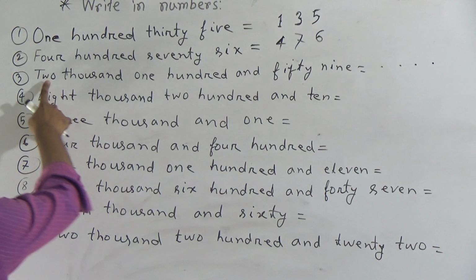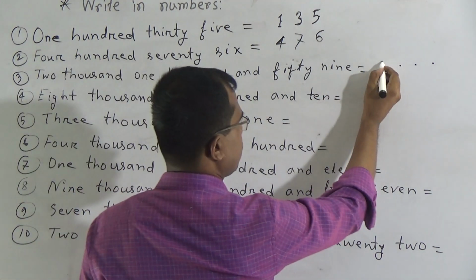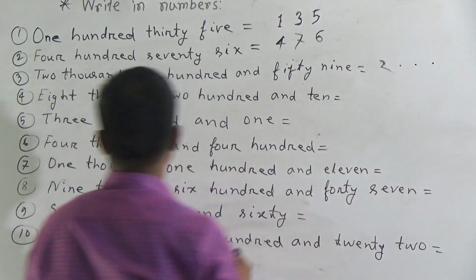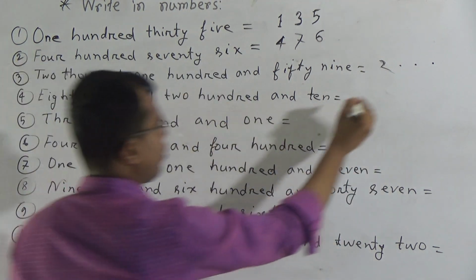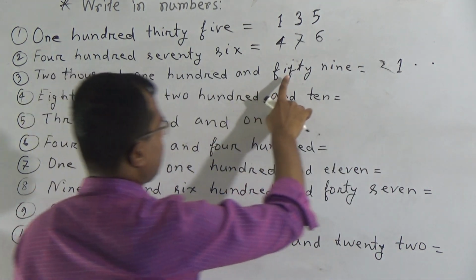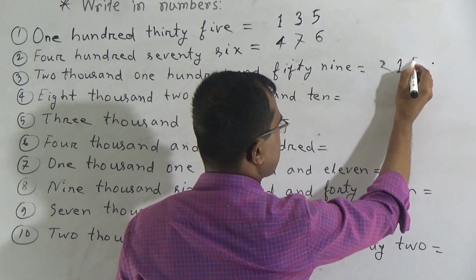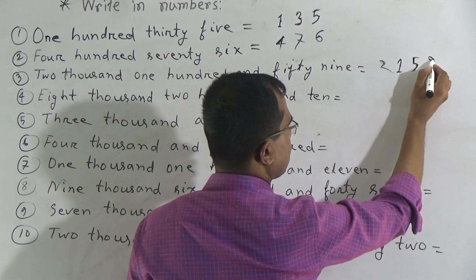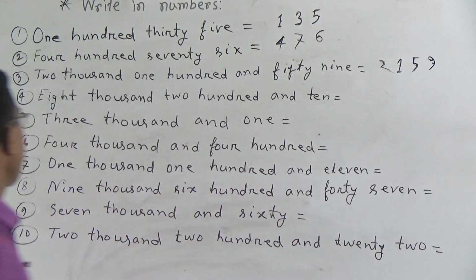In the thousands place 2 will come, and in the hundreds place 1 will come, then 5 will come in the tens place, and 9 will come in the ones place.